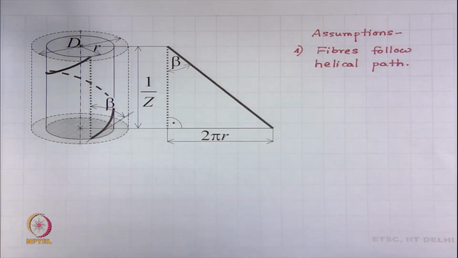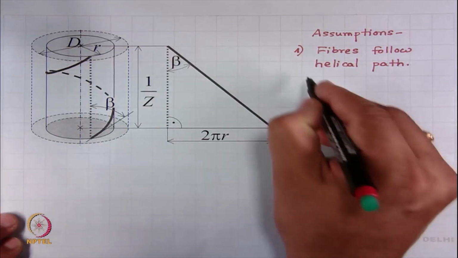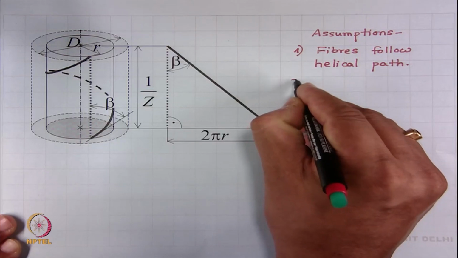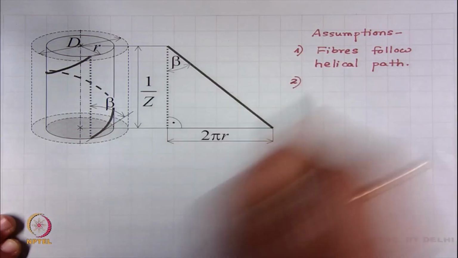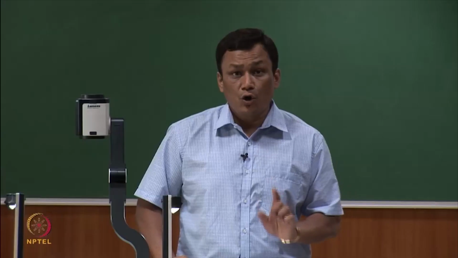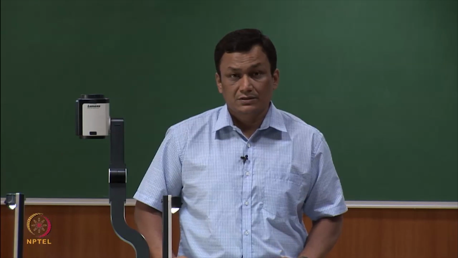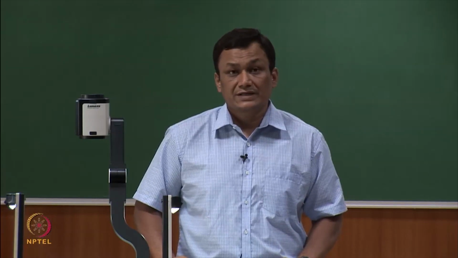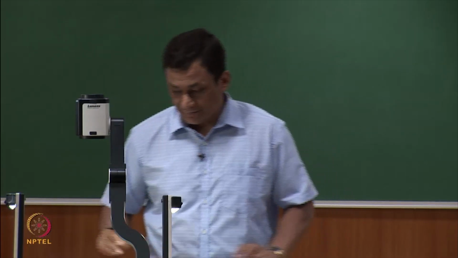So, the fibers follow a helical path. Second, all the helices have a common axis of rotation, that is the yarn axis.